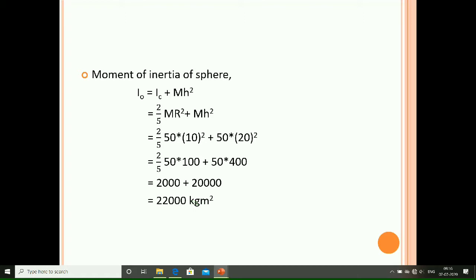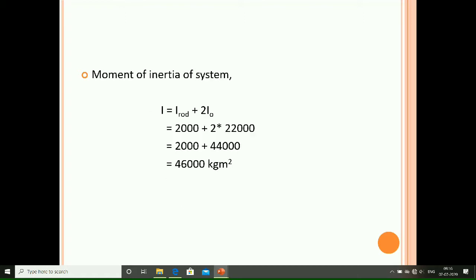This is the moment of inertia of the solid sphere. Okay, when you consider the solid sphere in the system, the total moment of inertia of the whole dumbbell will be I equal to the moment of inertia of the rod, plus two spheres. So you will multiply the moment of inertia by 2, because both sides we consider the solid sphere. So 2000 plus 2 times 22,000. So this is 44,000 plus 2000.